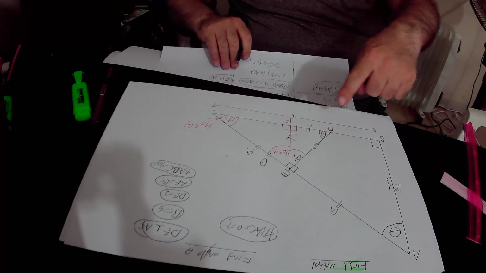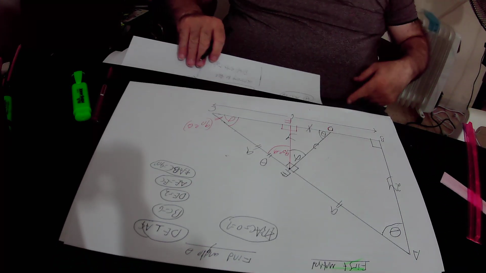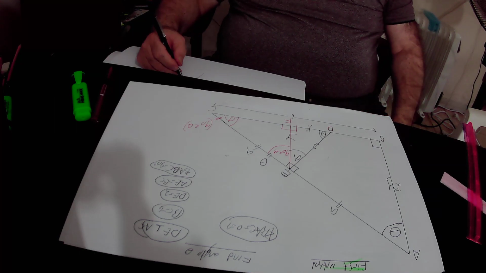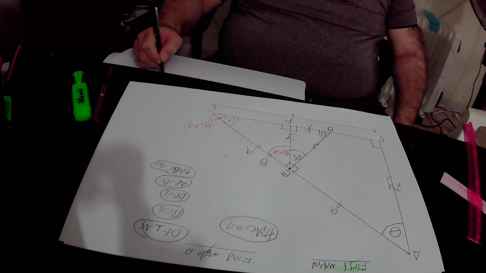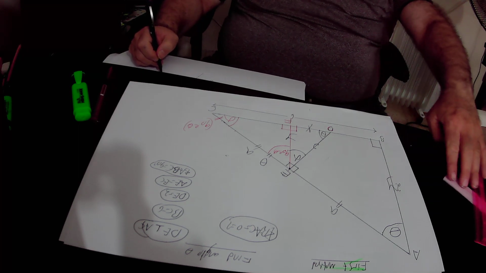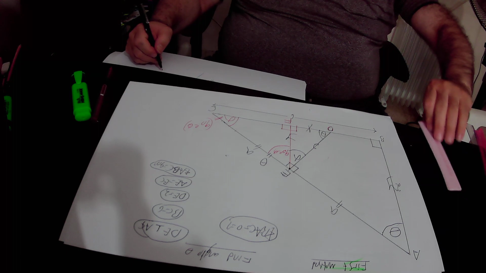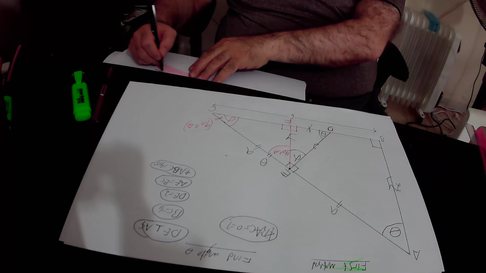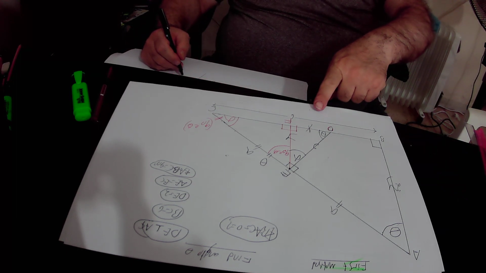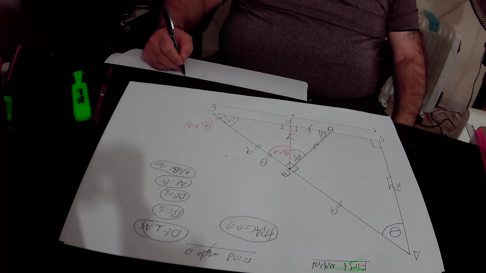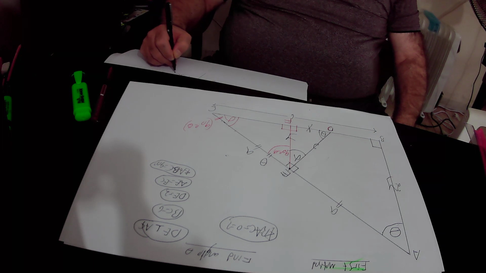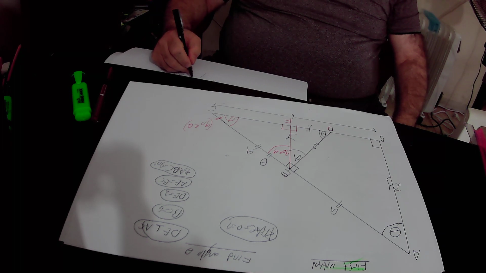But if we focus on the right triangle DEF, according to the Pythagoras theorem, it is very easy to see that x squared plus y squared equals 2 squared, that is 4.